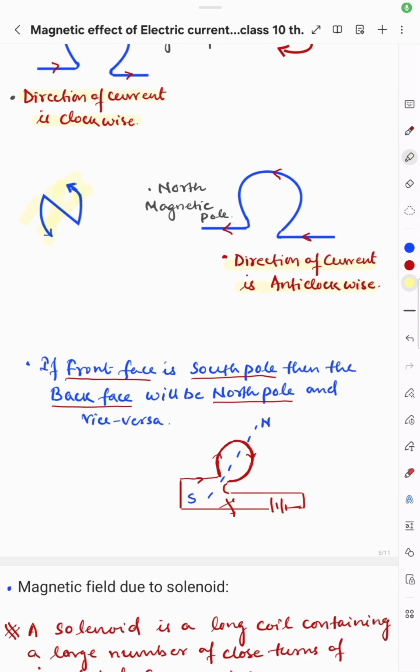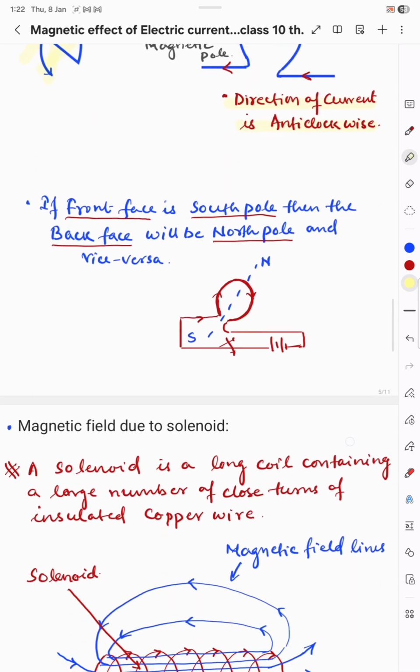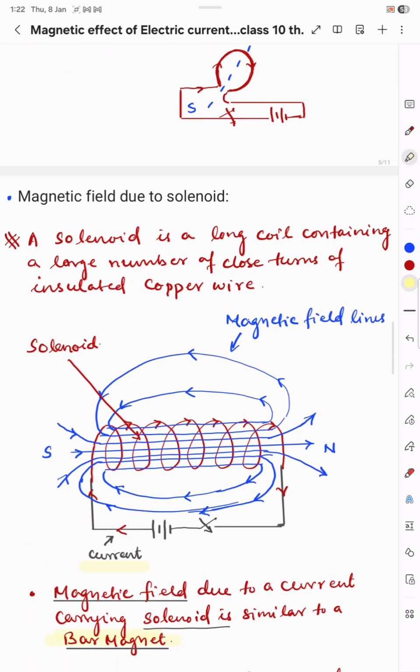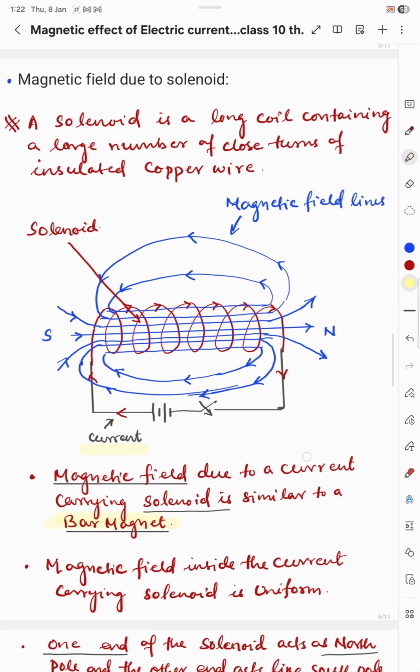Now let's discuss the magnetic field due to a solenoid. So this is important. So basically a solenoid is a long coil containing a large number of closed turns of insulated copper wire. See here you can see this round kind of thing in the center, that is basically the coil.